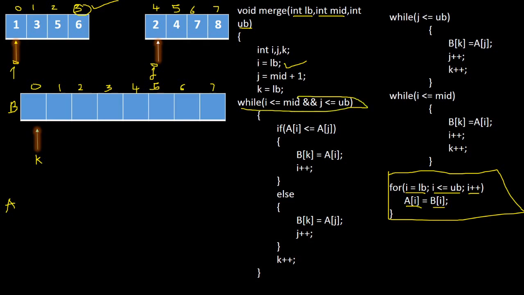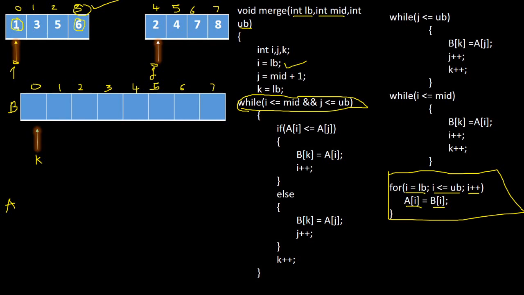This while loop checks i is less than or equal to mid. That means we are going to compare all these elements, right? How much is this element? Index number 0, and up to what? Up to 3. 3 means your mid.